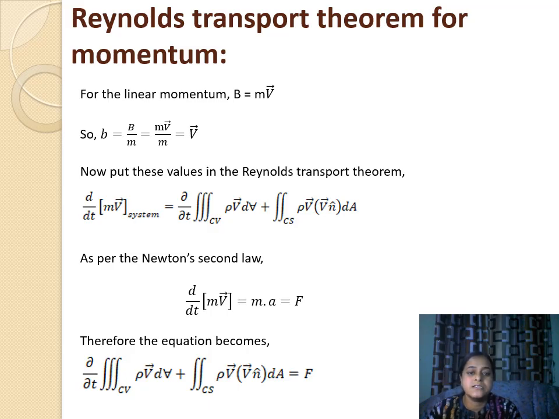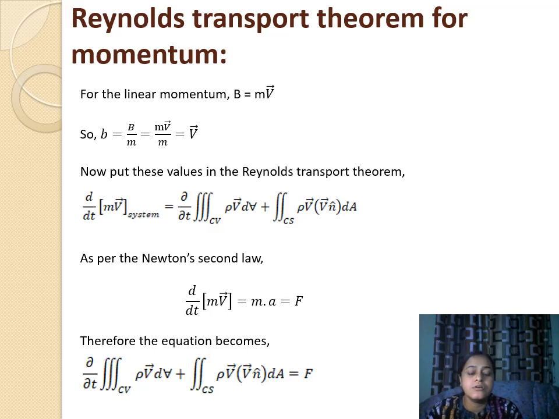Now putting these values in the Reynolds transport theorem, we get d by dt of m V bar at system equals del by del t triple integration in control volume rho V bar d-volume, plus double integration at control surface rho V bar dot n cap dA.